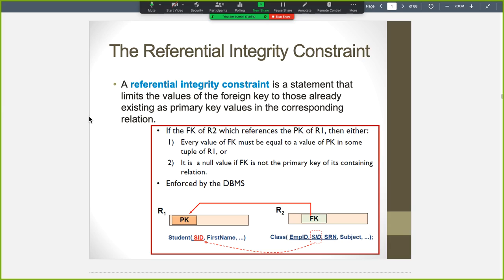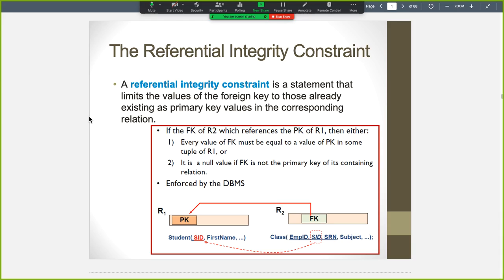So basically, the foreign key we saw in the previous lecture is a mechanism used to control the referential integrity. And let's put it this way, using the example to describe why the referential integrity is important, right?